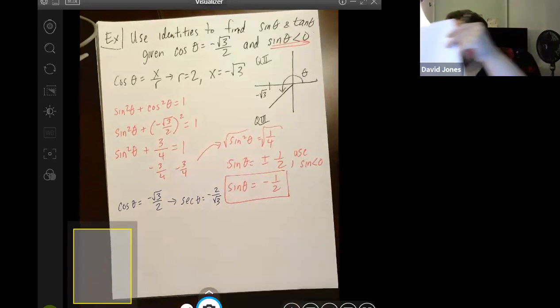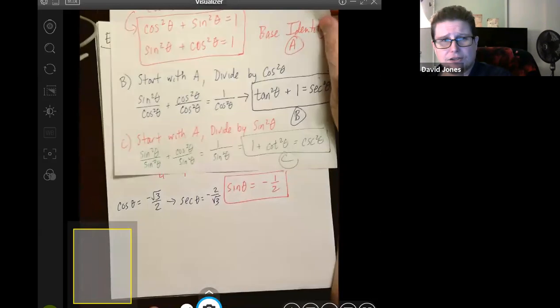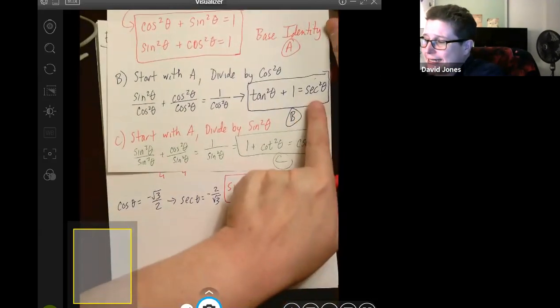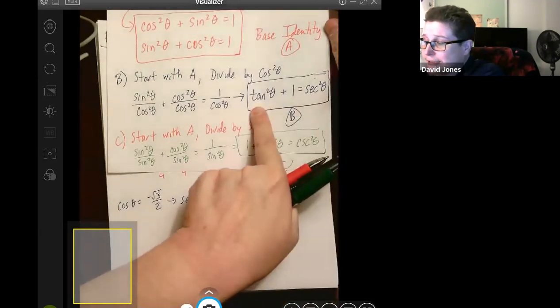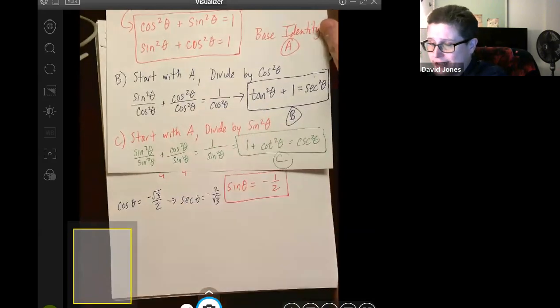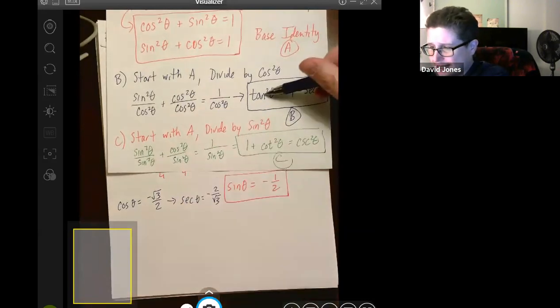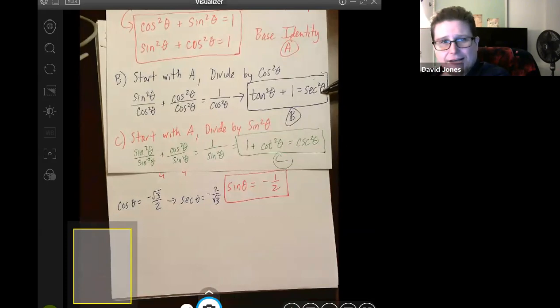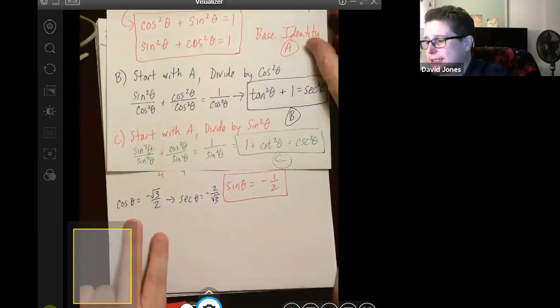And you come back, you look at your formulas. Looks like we're looking at this one. We've got secant already. We're looking for tangent. That's how I determined I needed secant. I want tangent, the identity that has secant in it. So I'm going to find secant by flipping cosine.